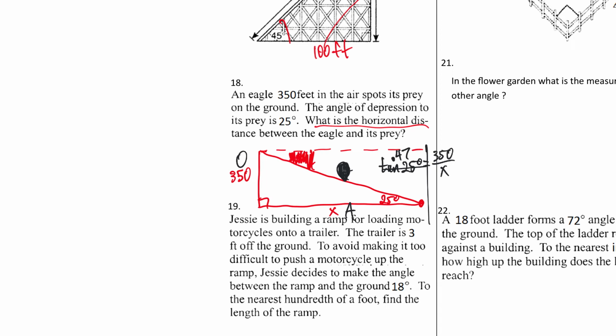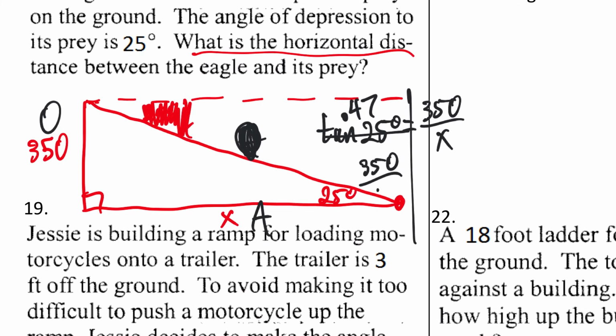X is on bottom, so I'm going to divide. So 350 divided by 0.47. And that gives me about 744.7 feet, we'll see.